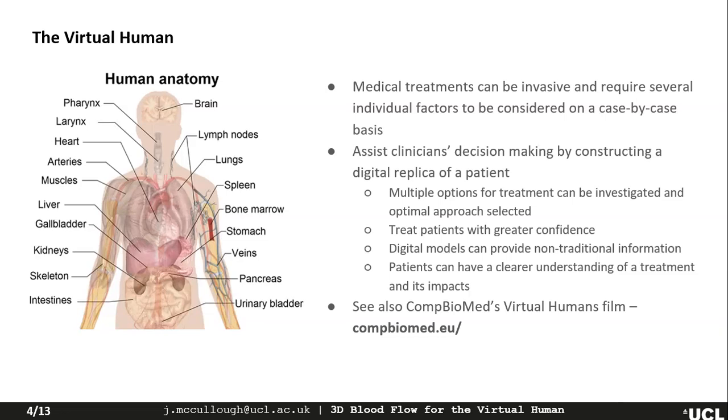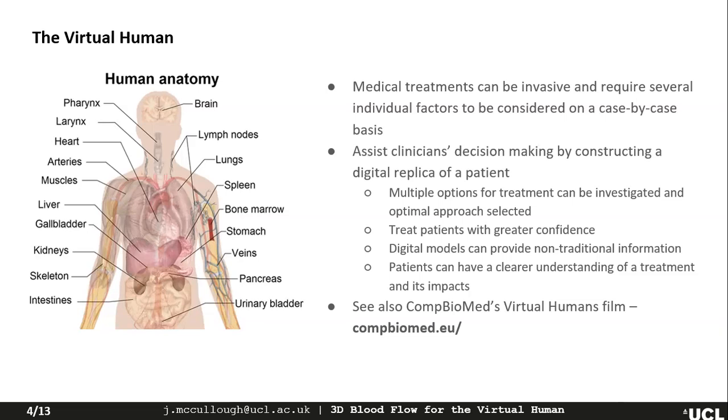So when a patient or an individual comes in for medical treatment, be that major or minor, these treatments can be invasive in various ways and will require individual factors of that person to be considered by the doctors to best evaluate the best treatment for that given individual under their specific circumstances.